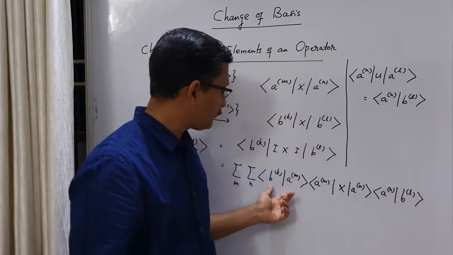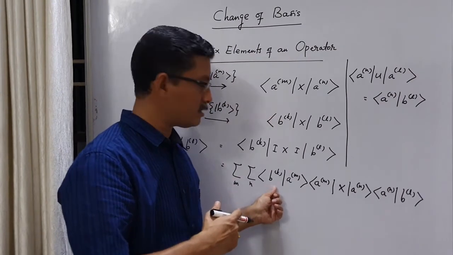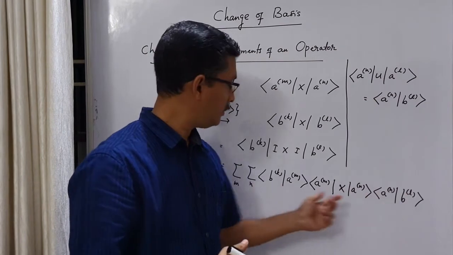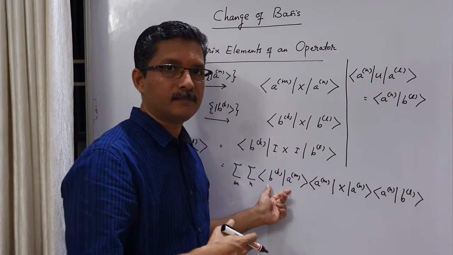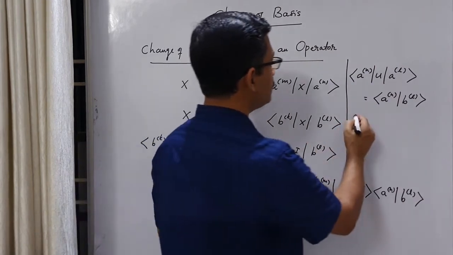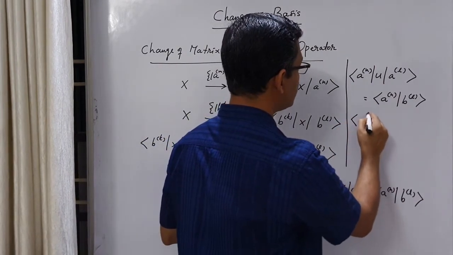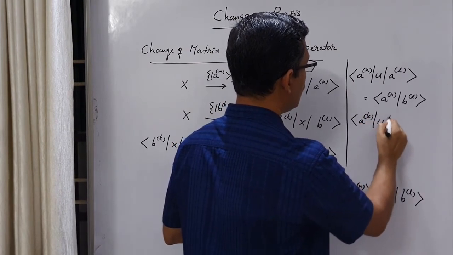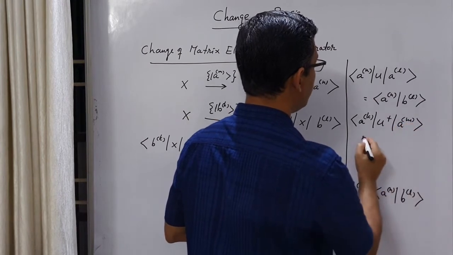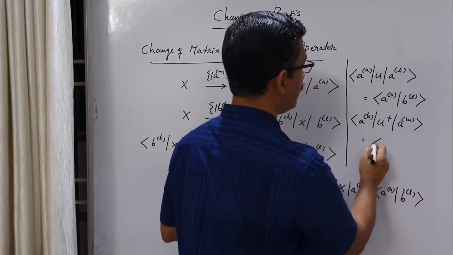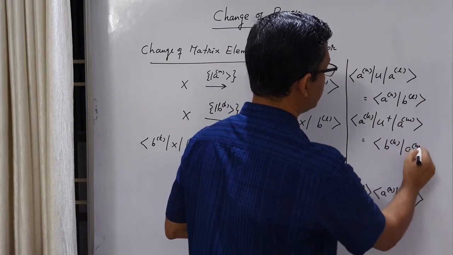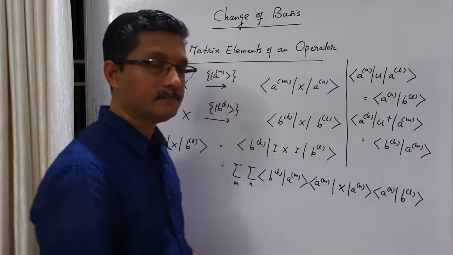Whereas you look at here, on the bra vector side you have new basis, on the ket vector side you have old basis, the adjoint of this one. This is the matrix element of U dagger. Which matrix element? The kmth matrix element. That is this one in the old basis again, <a_k|U dagger|a_m>. When U dagger acts on |a_k>, you get |b_k>.